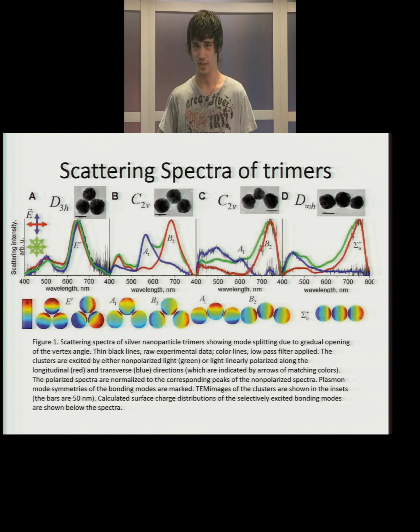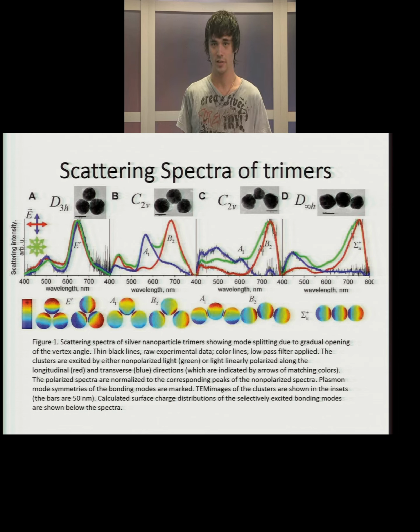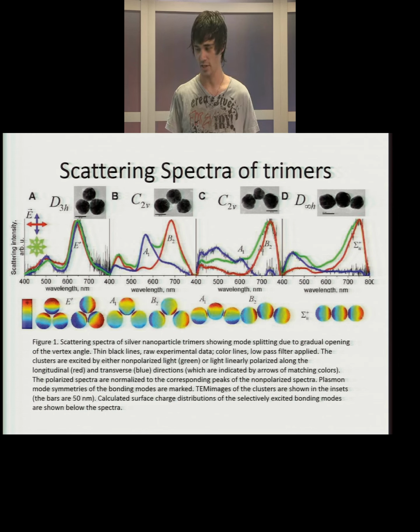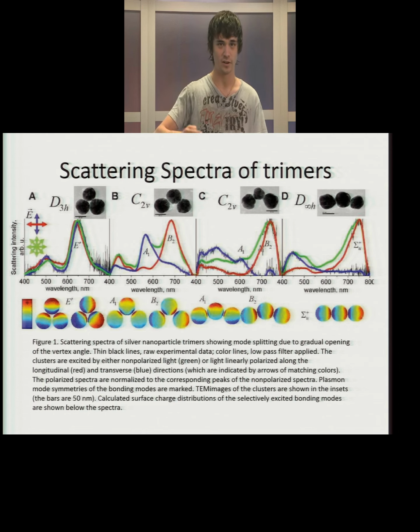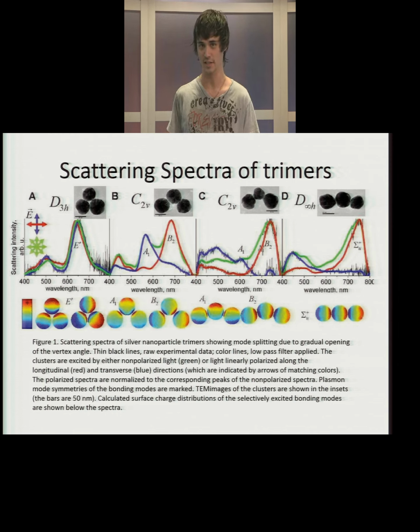And we can see that as we continue on till we're linear, the A1 will continuously be blue shifted, and since it's becoming a higher energy state, the population will decrease, and we see the intensity decrease as well, where the B2 redshifts and the intensity increases until it becomes this optically active species for the D-infinity-h system.